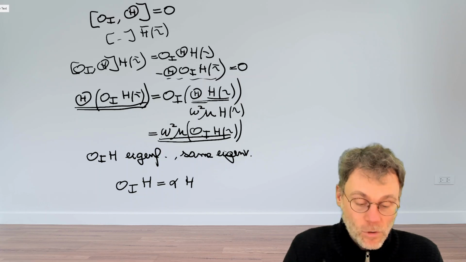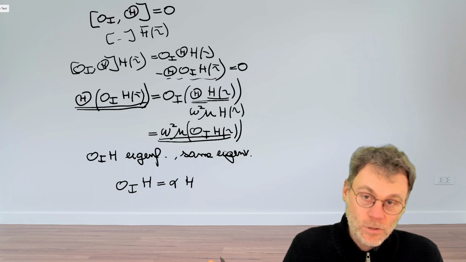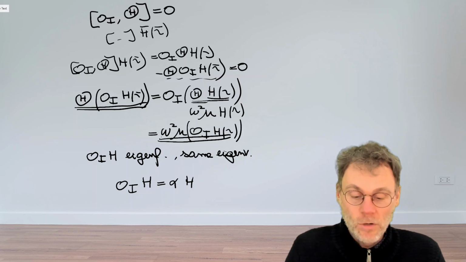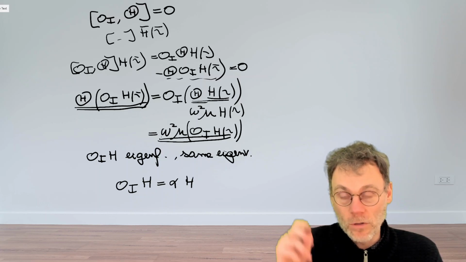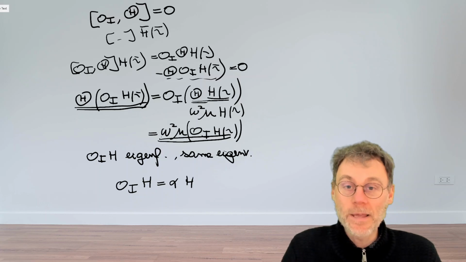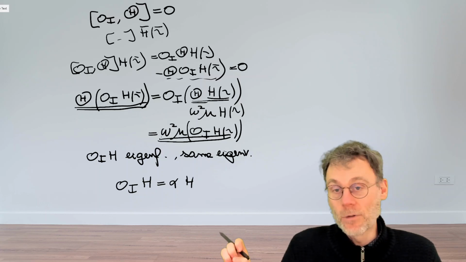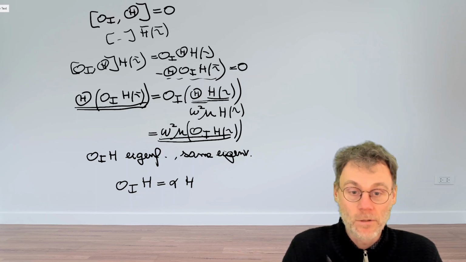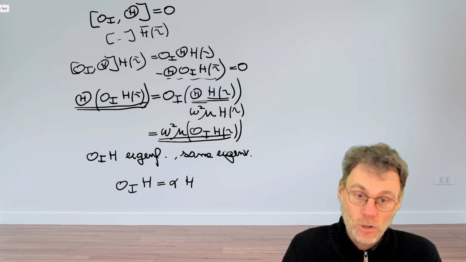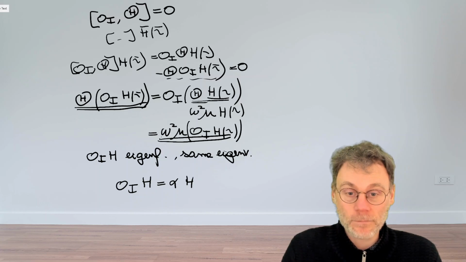But the important conclusion here is that if we have symmetry and there's no degenerate modes, then the solution that we find, h of r, which is an eigenfunction of one operator, the theta operator, will also be automatically an eigenfunction of the symmetry operator, the OI operator. So that's very interesting. These two operators will have joint common eigenfunctions.